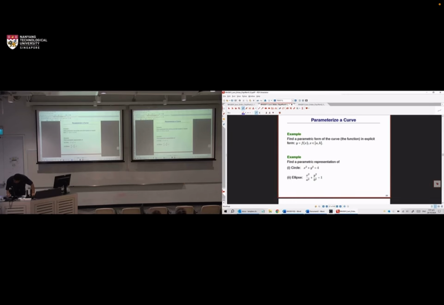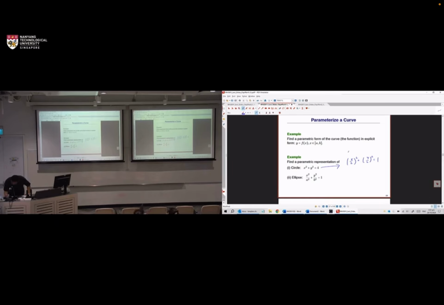This case is just (x over 2) squared plus (y over 2) squared equal to 1, because I divide by 4 throughout. I always want a 1 here, so I divide by 4 throughout.